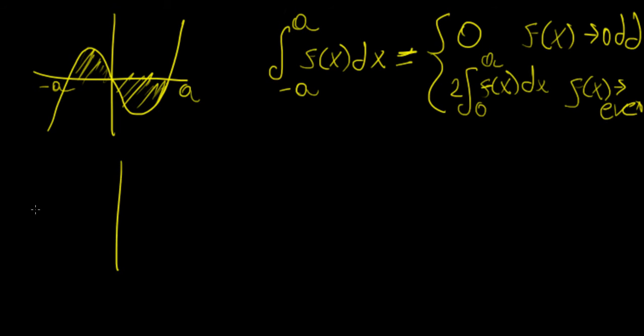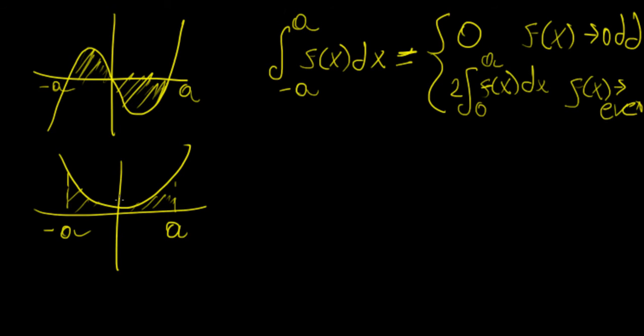Well, if you look at an even function like x squared, and you take a point minus a and a point a, you know that an even function is always going to be symmetrical about the y-axis. What this means is that this area is going to be equal to that area. So obviously the integral of this is the same as saying 2 times this area. So that's why we have this definition here.